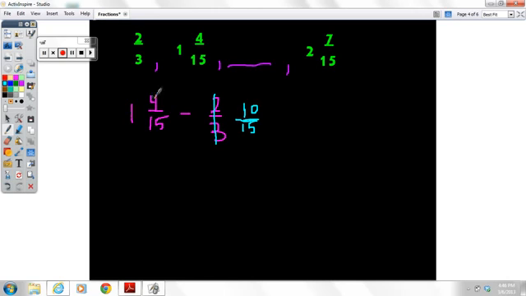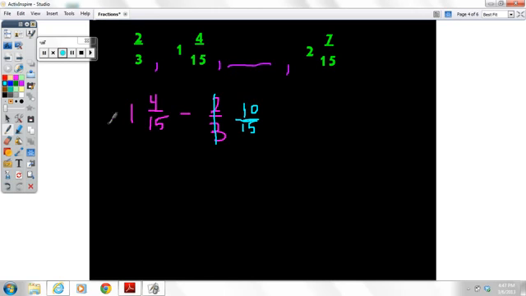Now I have 1 4/15, take away 10/15. Well, there's a problem here because I can't take 10 away from this 4. So here's my renaming skill that we were practicing before. 1 4/15 needs to be renamed so this numerator is larger than this numerator.